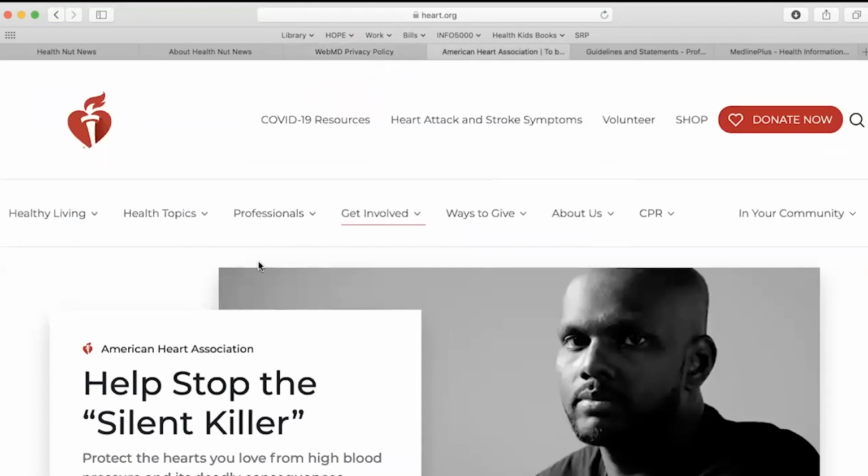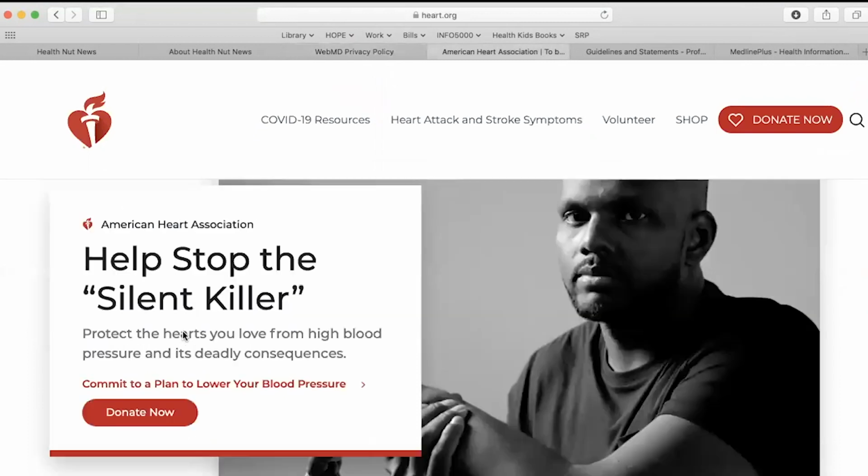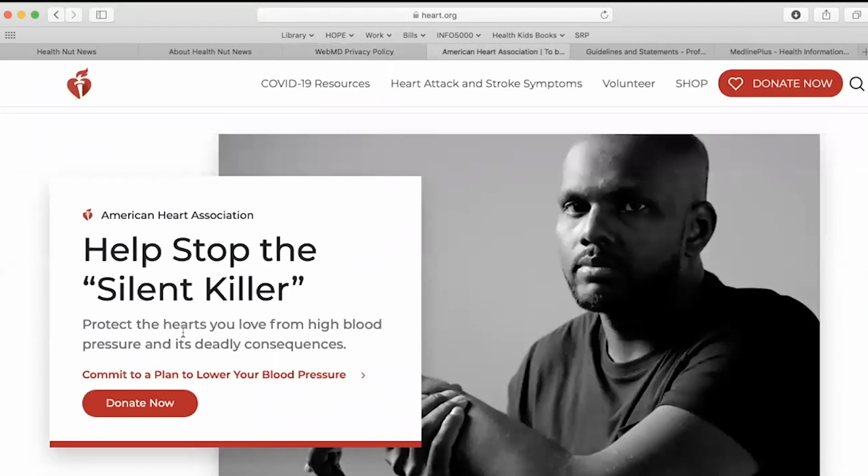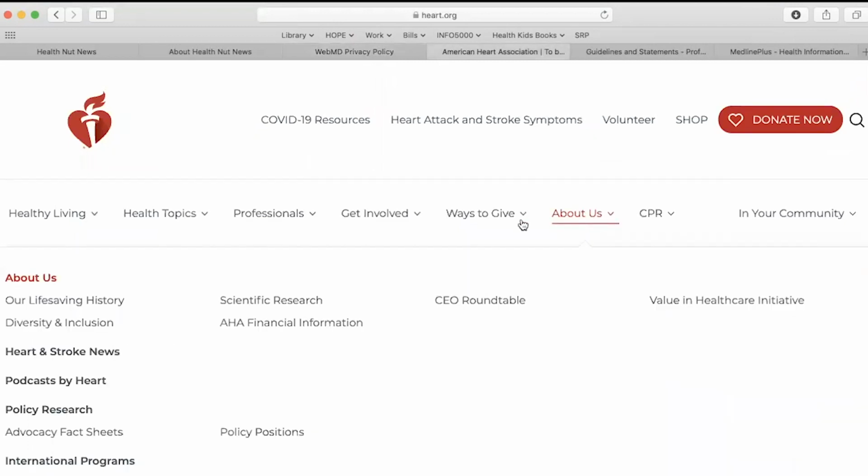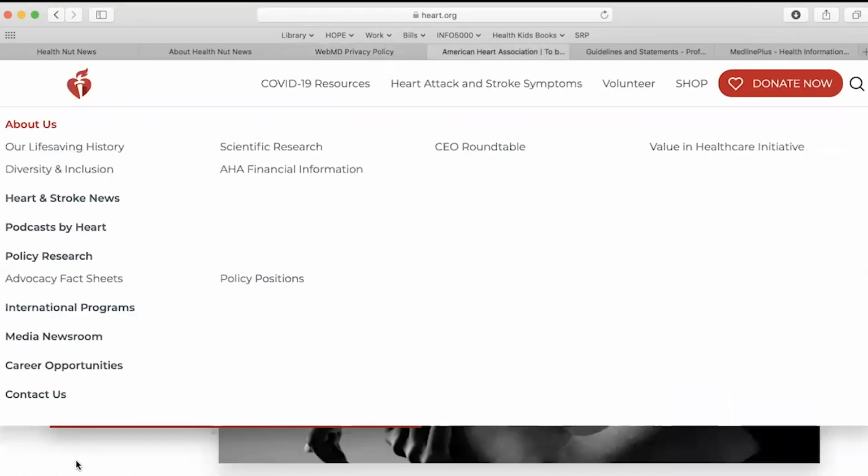Another we'll look at is an organization. The American Heart Association is one that you might be familiar with. Again, we're using the About Us area. We'll go to About Us. You can see they have history, diversity, inclusion, advocacy.